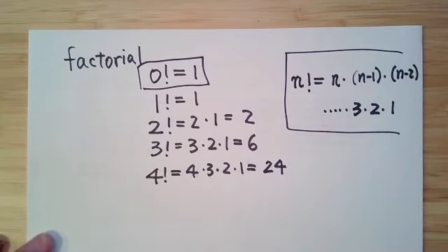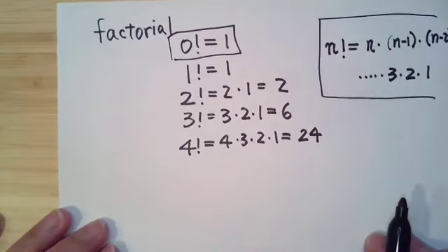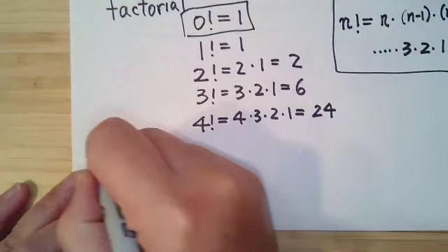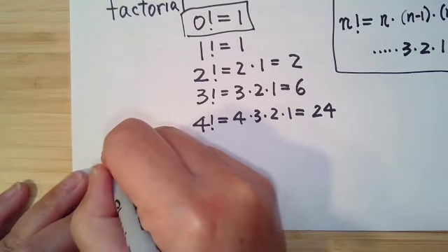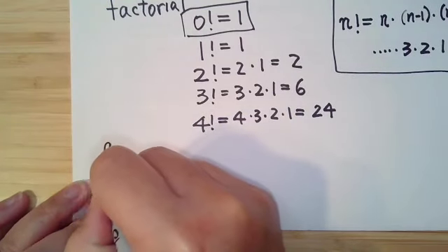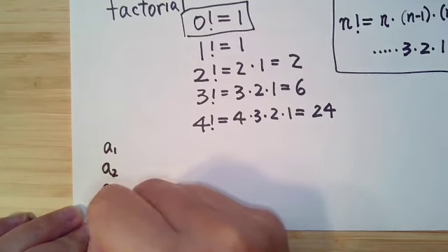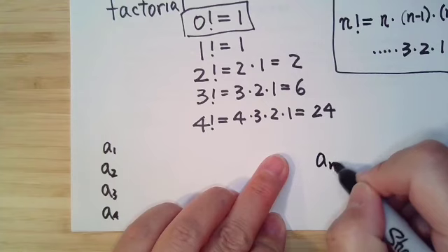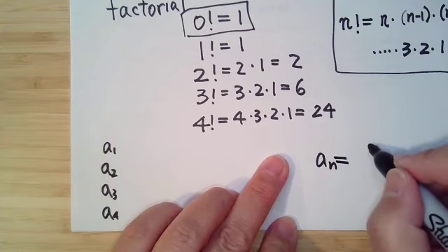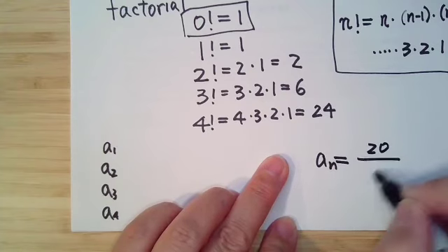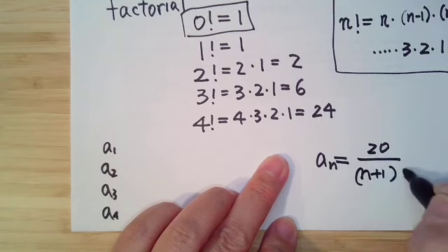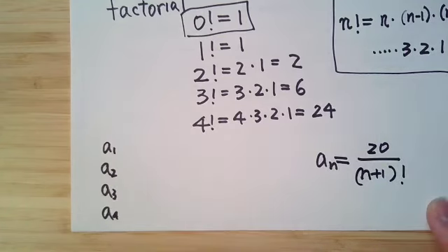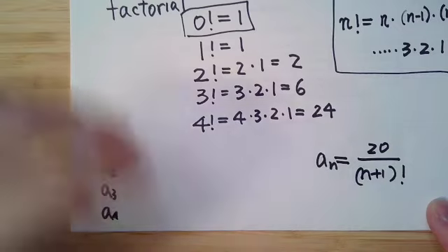All right. Now, let me ask you this. Okay. Find the first 4 terms. I need to find A1, A2, A3, A4, right? That's the first 4 terms of a sequence given this expression, 20 over n plus 1 factorial.